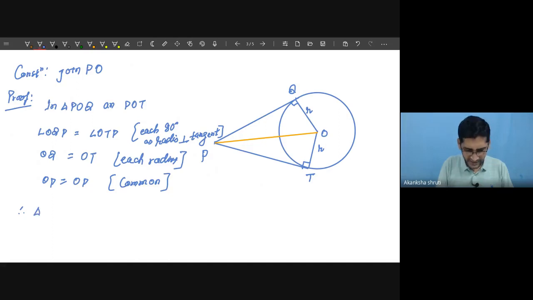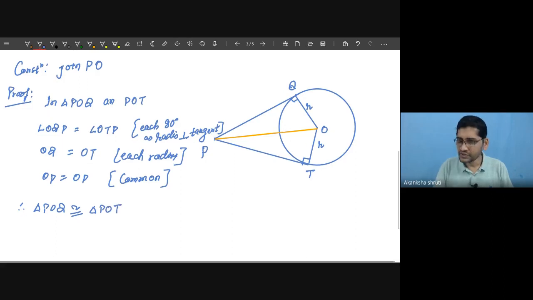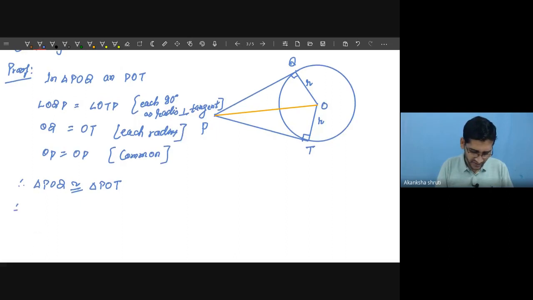Therefore, triangle POQ becomes congruent to triangle POT. Why? That criterion we have to write: by RHS congruency.